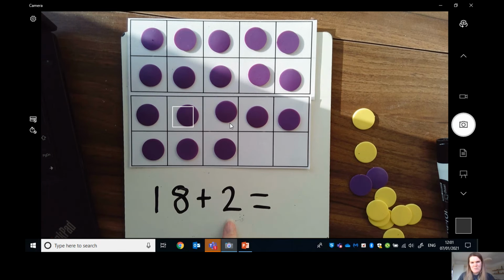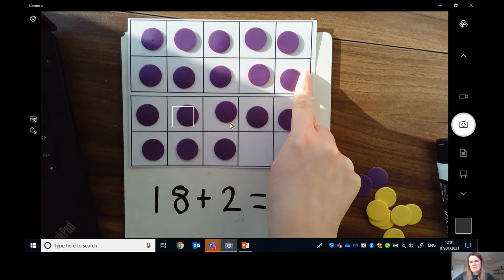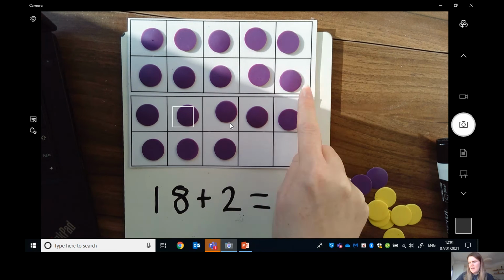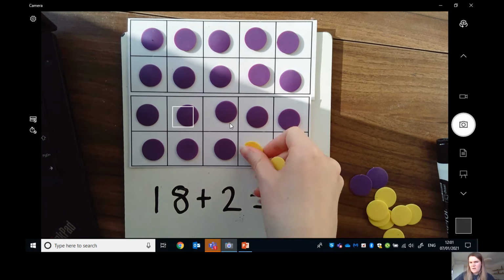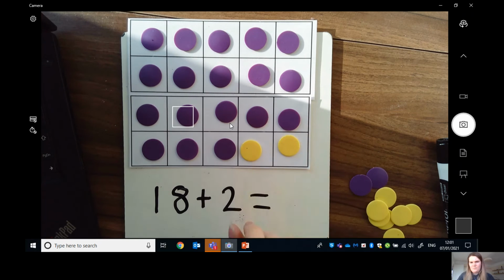Now I need to add my 2. 18, add 2. I know it's 18 because I've got my 10 here that's full. And now I've got my 8. And we counted it. Now I'm adding the 2. So I'm going to add 1, 2.